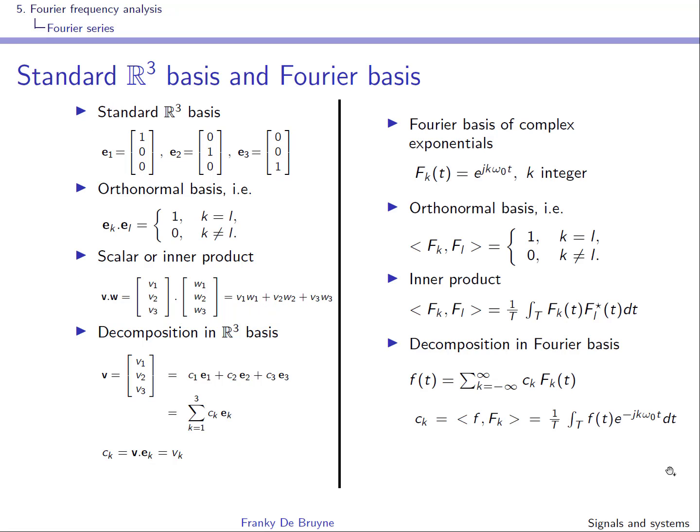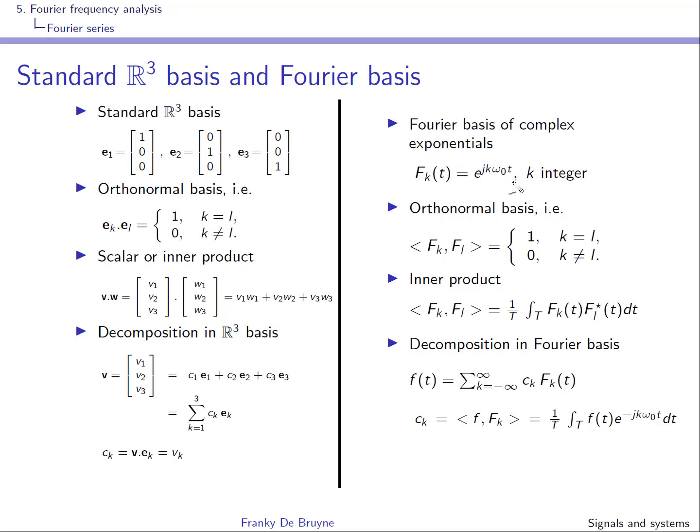So let us now go to the Fourier series, and at first look things will be completely different, but you will see that there are analogies with this standard R-cube basis, and I hope that this analogy will help you. What we want to do is decompose a function that is periodic in a sum of sines and cosines. When you think of sines and cosines, you can kind of think of complex exponentials.